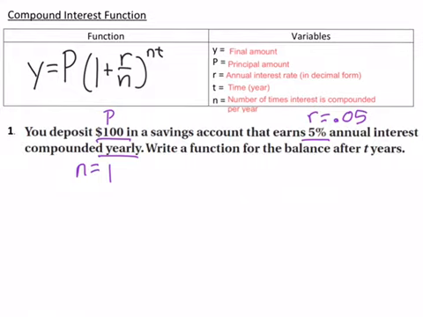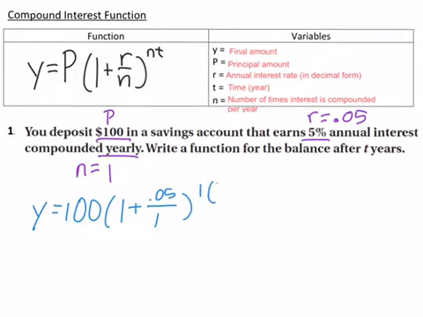So I have that Y equals our principal, which is 100, times 1 plus our rate, which is 0.05, divided by the number of times it's compounded each year, which is 1. And then I have the same N times T. All we have to do now is simplify this problem.